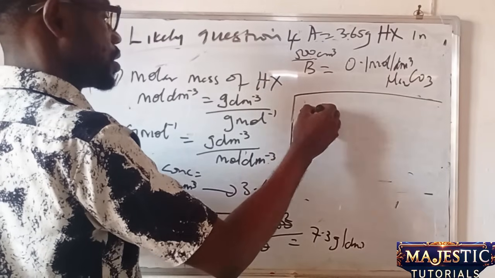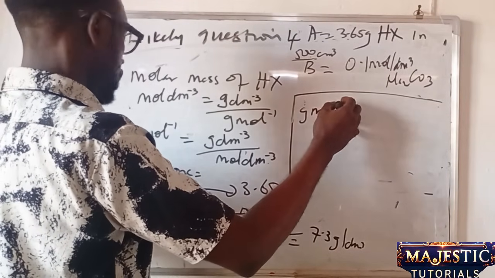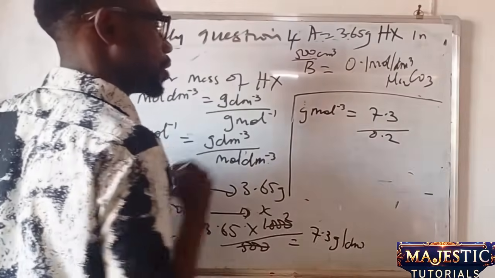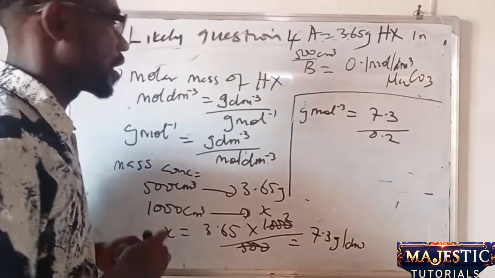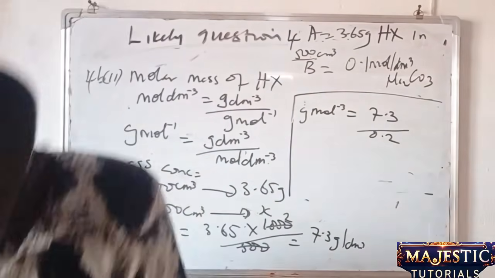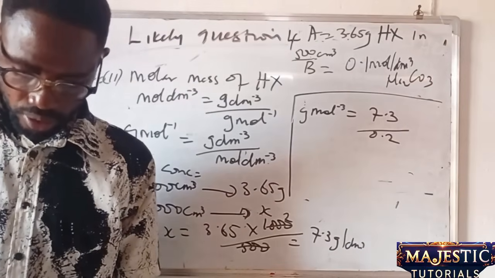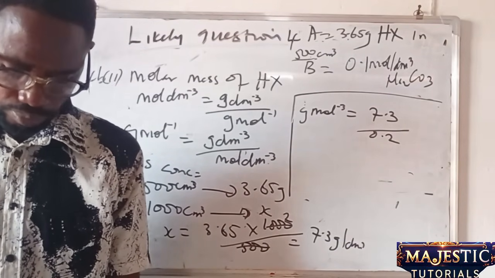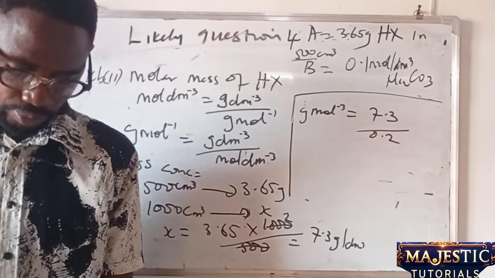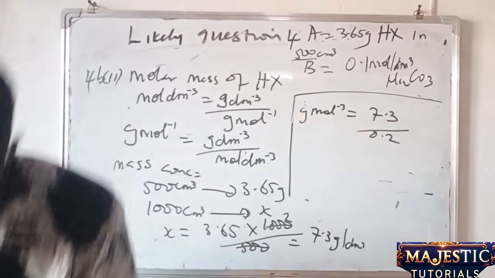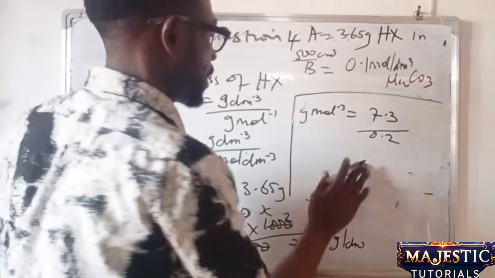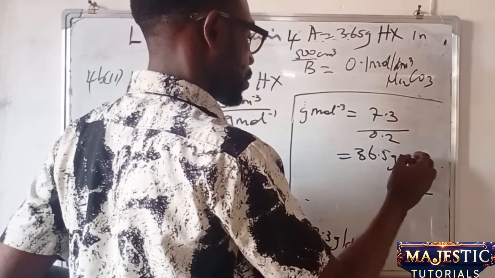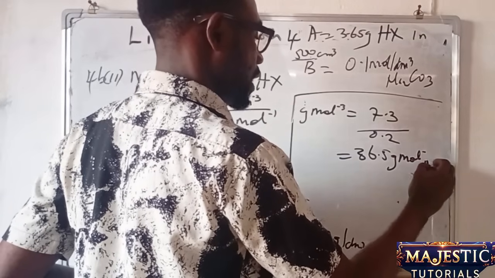So gram per mole is equal to 7.3 all over the mole per dm cube we got, 0.2. 7.3 divided by 0.2 is equal to 36.5. So the molar mass is 36.5 gram per mole. This is our answer for that question.